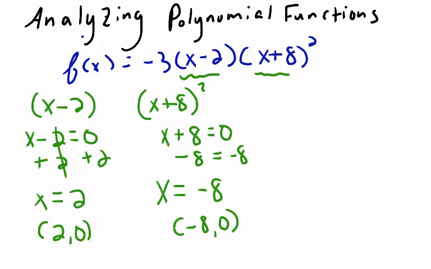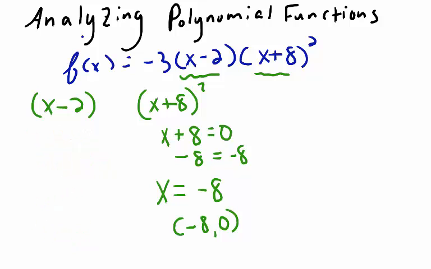Now let's take a look at the multiplicity of each of our factors. For the factor x minus 2, we have a multiplicity of 1.